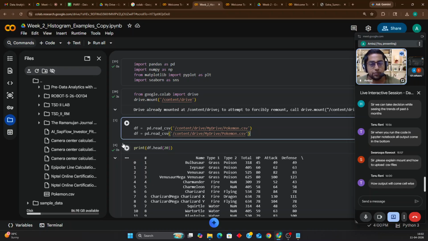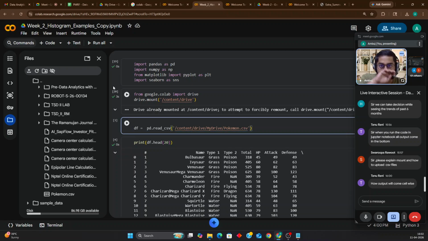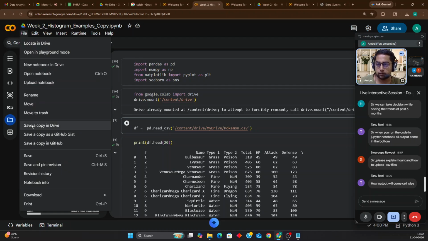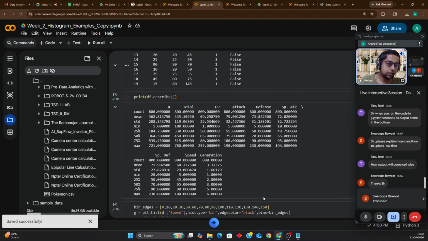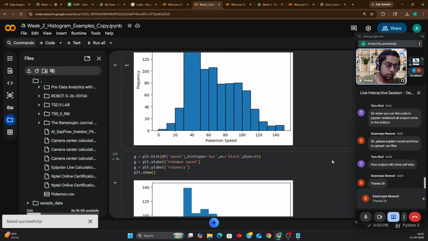That is how I have written this. So this is how you will run the CSV file.